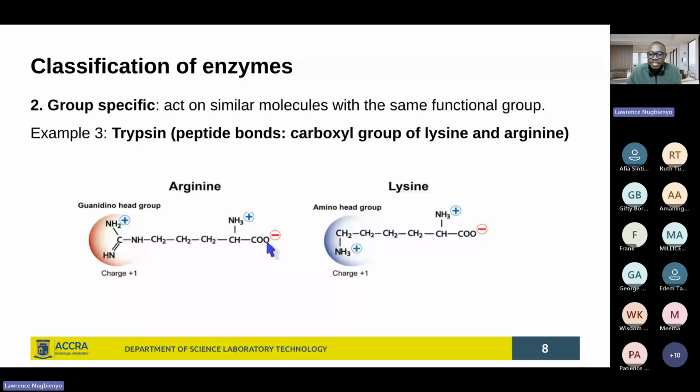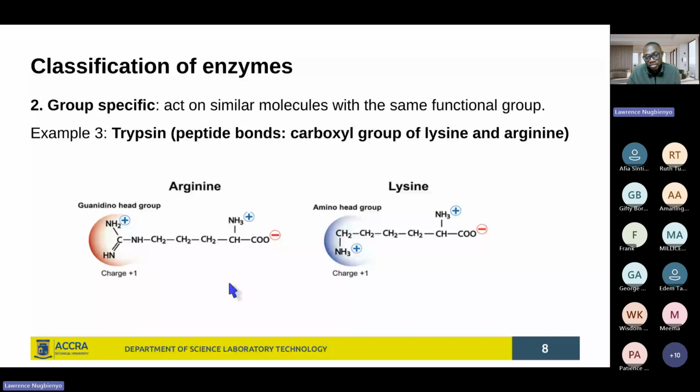And we see the similarity between arginine and lysine is that they are having this extra amine group on the side chain. And so you see they are carrying a net positive charge on the side chain. You see that. So that is also another group specificity.